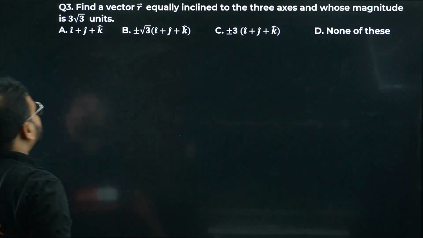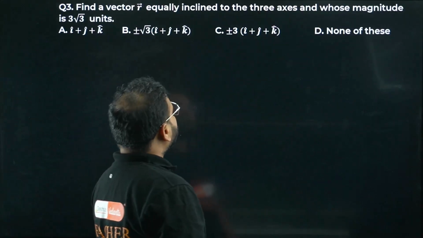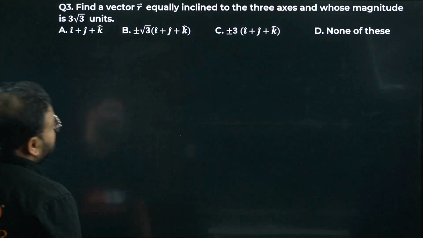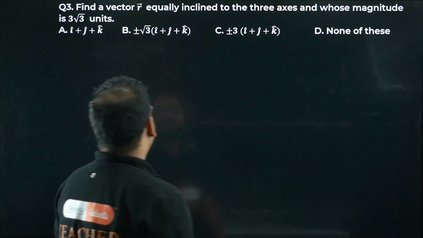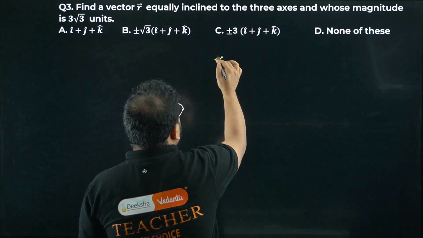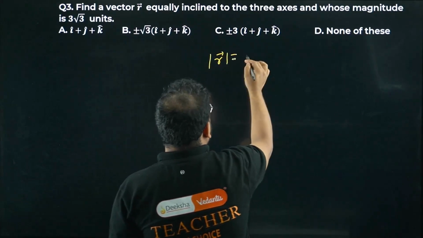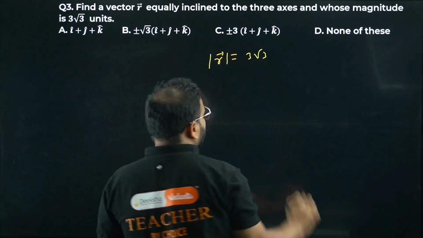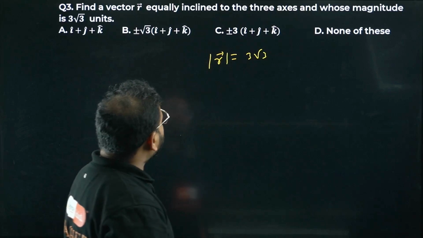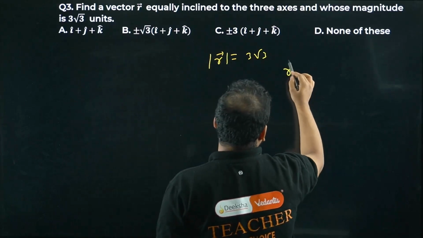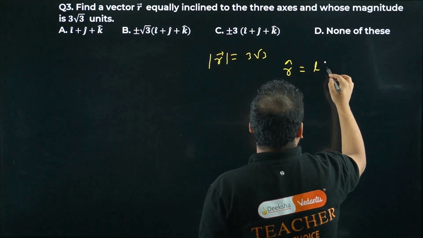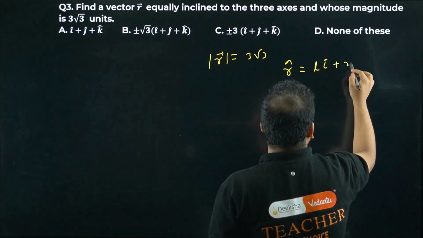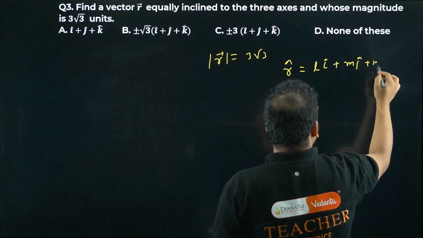Question number 3: find a vector R equally inclined to the 3 axes, and whose magnitude is given. They've given the magnitude of vector R as 3 root 3. So how do you write vector R cap in this case? It'll become l i cap plus m j cap plus n k cap.